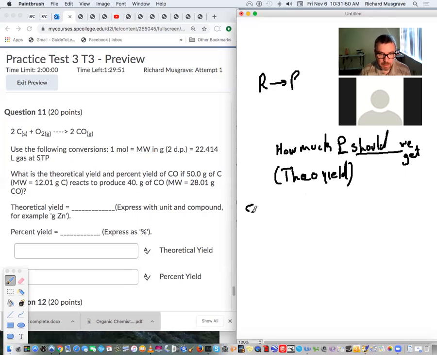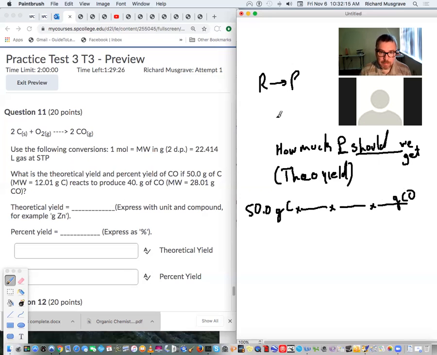That's what we're going to start with. Now, in the end, what are we looking for? Well, we know that it produces 40 grams of CO, but we really should get more than that. And that's what we're trying to figure out. So we're looking for grams of CO.